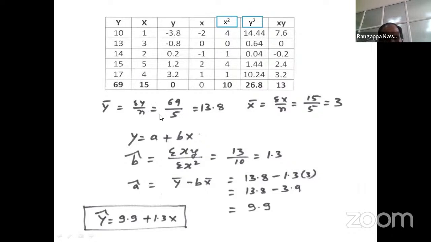Y bar, the sum of y by n, is 13.8. X bar is 3. As all of you know, we can estimate the b value by taking the sum of small x into small y over the sum of x square, which is equal to 1.3, and the estimated value of a is equal to y bar minus b into x bar. Like this, I have calculated it. So the estimated regression function is estimated y equal to 9.9 plus 1.3 into x. This is how we calculate this regression function.